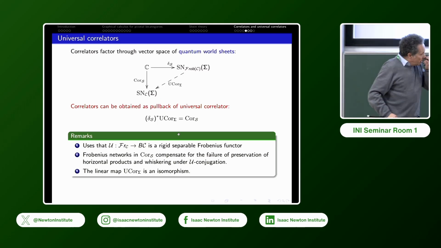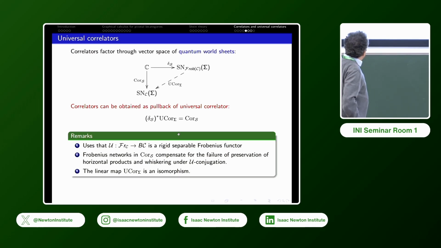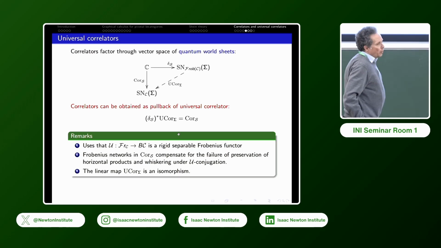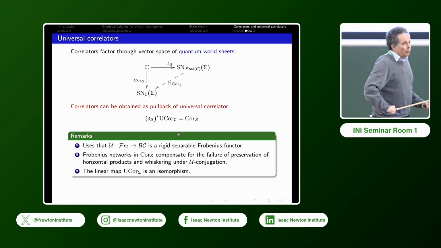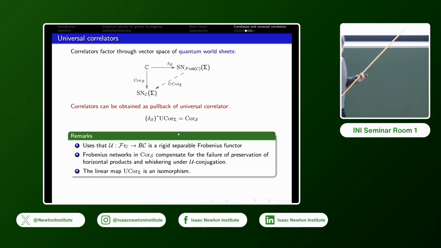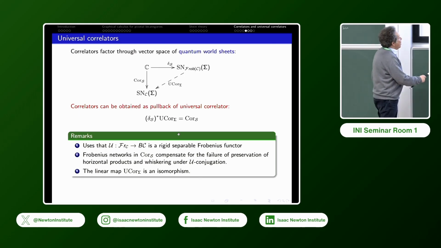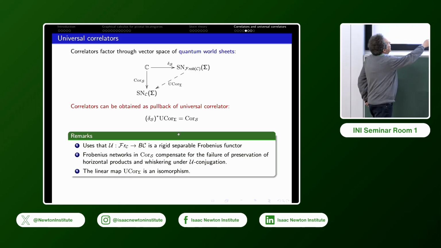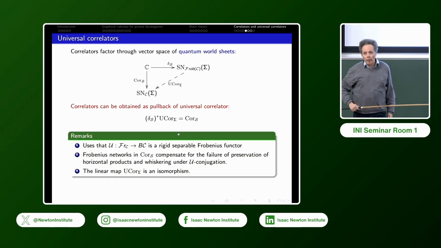Now comes the following theorem, which is, well, not work in progress, but the write-up of the work is in stagnation at the moment for lack of time. This linear map here is an isomorphism. What does it mean?